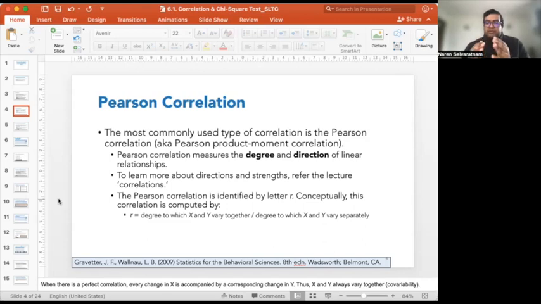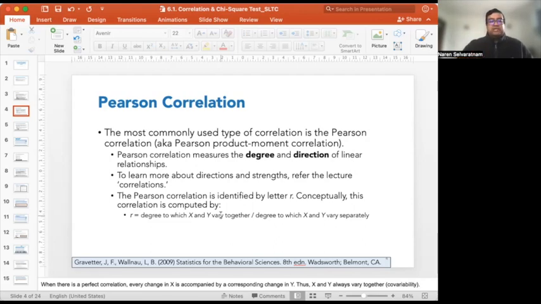Now, let's try to understand more about how you arrive at this Pearson correlation coefficient. Pearson correlation is identified by the simple letter r. Now, here's what you do. It is equivalent to the degree to which x and y vary together, divided by the degree to which x and y vary separately.